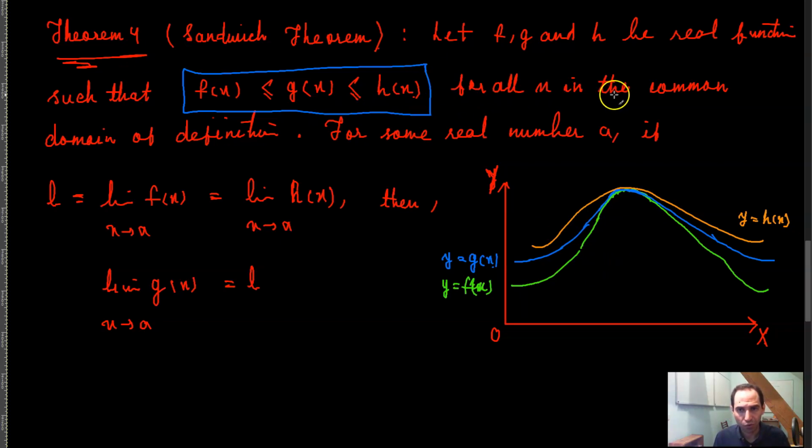So if that is the case for all x in the common domain of definition, now if you have some real number a, for example, let's call this a, and the limit of f of x is equal to the limit of h of x, and g is sandwiched between the two, and the limit of f of x as x tends to a is equal to L, the limit of h of x as x tends to a is equal to L, then the limit of g of x as x tends to a is also equal to L. So that is basically this theorem here.